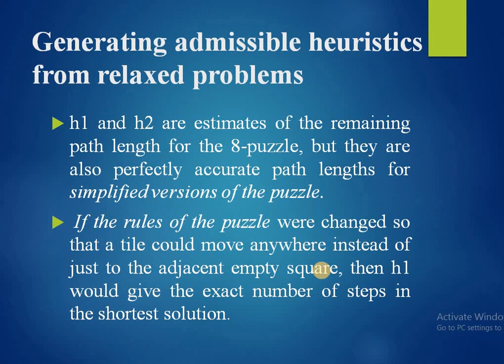h1 and h2 are estimates of the remaining path length for the 8 puzzle, but they are also perfectly accurate path lengths for simplified versions of the puzzle. If the rules of the puzzle were changed so that a tile could move anywhere instead of just to the adjacent empty square, then h1 would give the exact number of steps in the shortest solution.